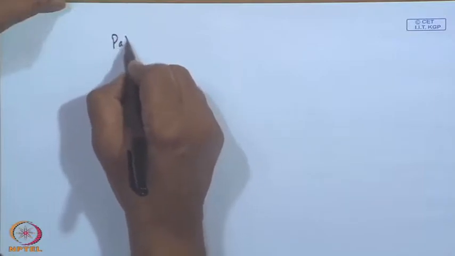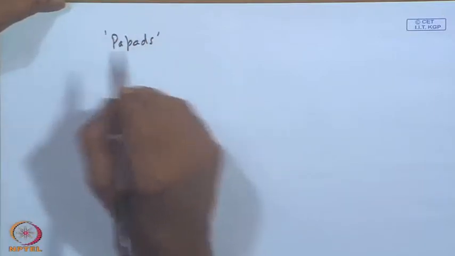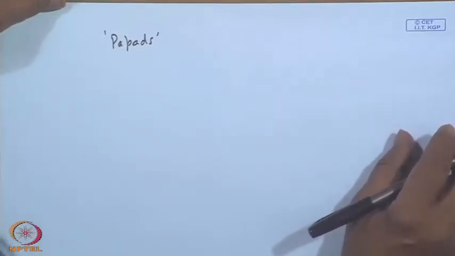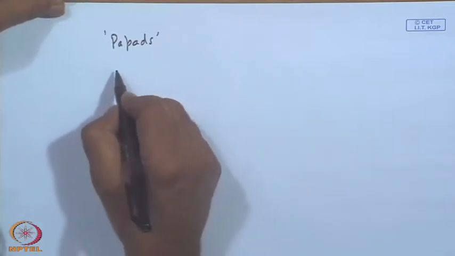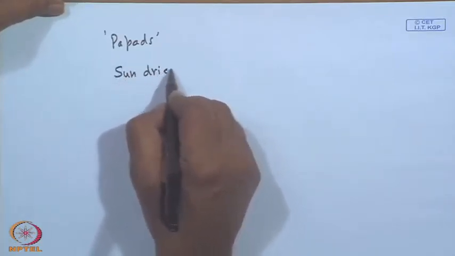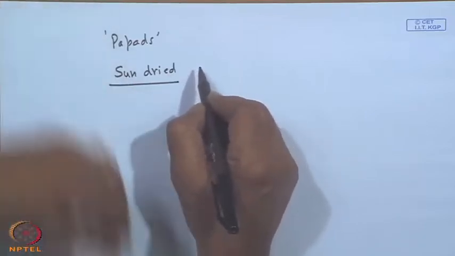And if you look at the good old days, say for example, your appalams and any number of other durable food edible items, they are sun dried. So, this is a passive solar application.